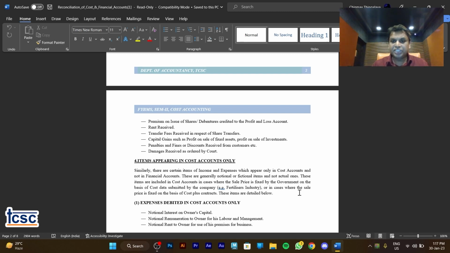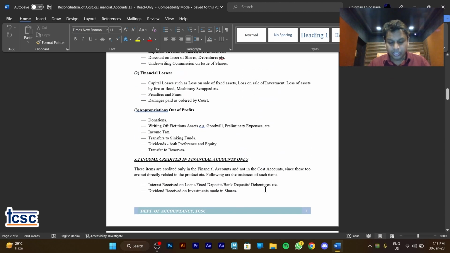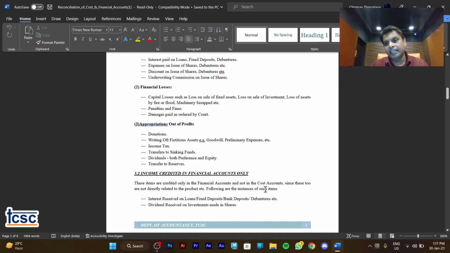So a reconciliation statement is a statement which is prepared to find out the reason for the deviation. And there are many reasons, like regular expenses appear in both the cost and finance books, but irregular expenses appear only in the finance book; they don't appear in the cost book. Incomes are not part of the cost book, but incomes appear in the finance book.